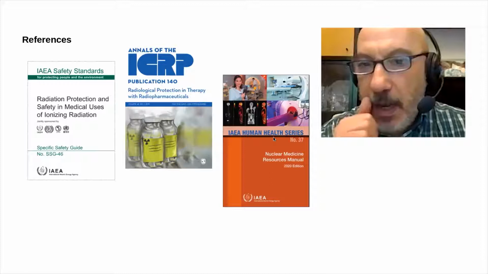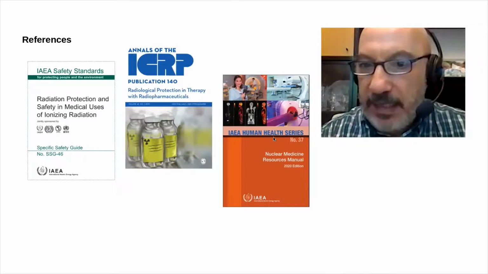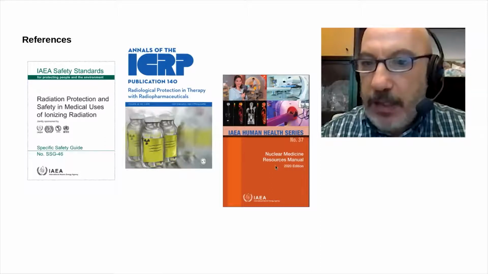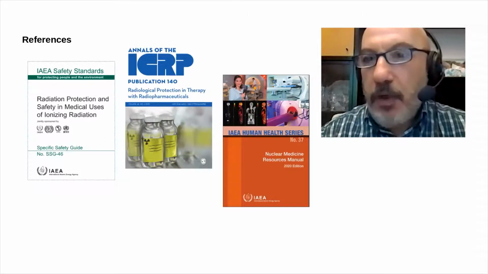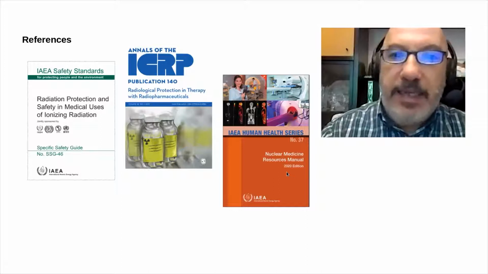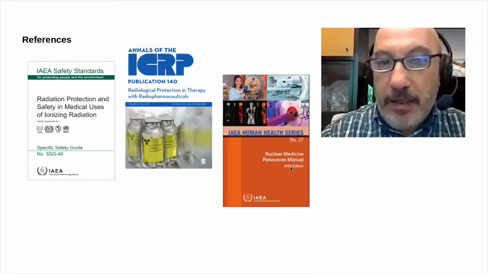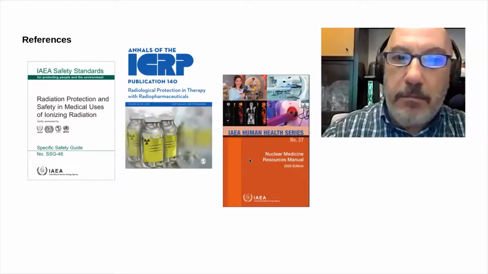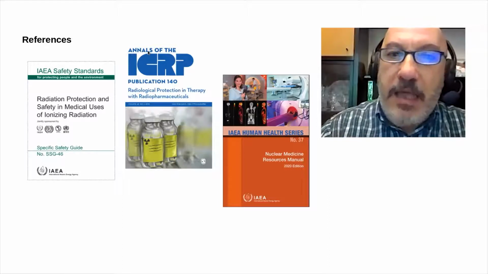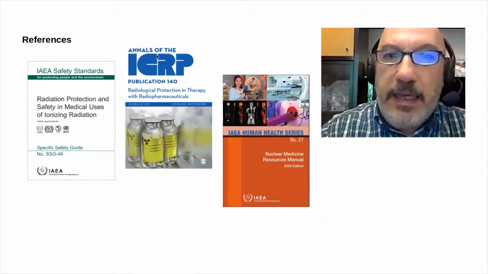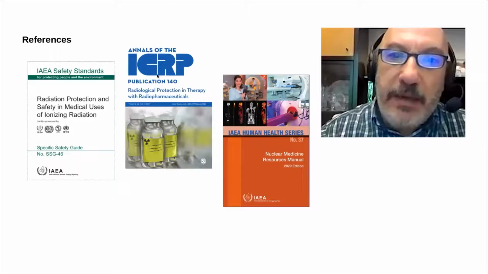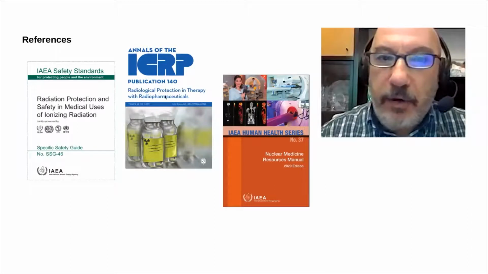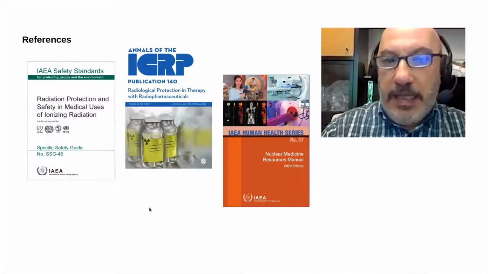But there is also another important document that is the Nuclear Medicine Resource Manual, the 2020 edition, has a full chapter on the design of new department. This presentation takes a lot of material from it. And then there is also an interesting publication of the ICRP that is particularly interesting for us as regards the therapy wards.